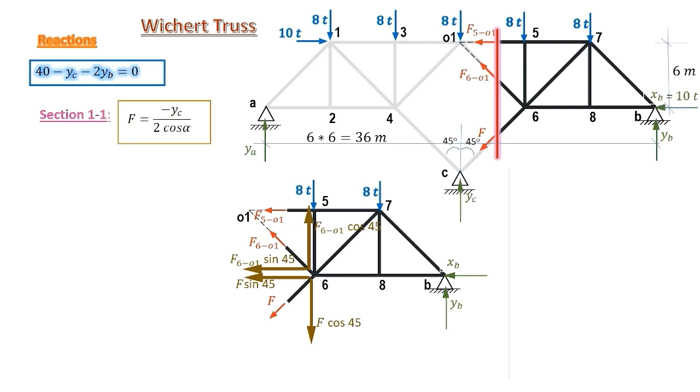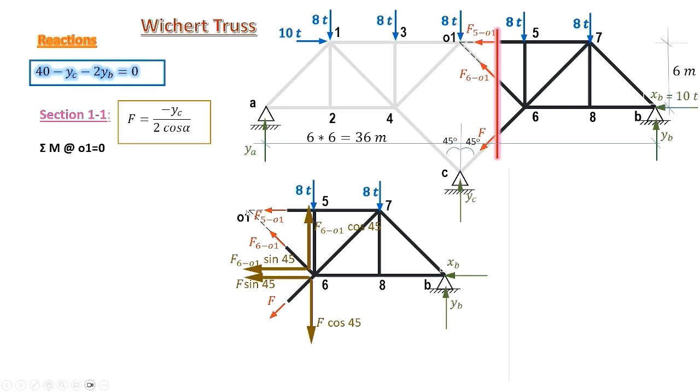And we recall that we have the relationship between the force in the inclined members connected to joint C and the reaction YC. We have this relationship previously detected. And we take sigma moments about joint O1. So the only internal force that appears here is the force F.